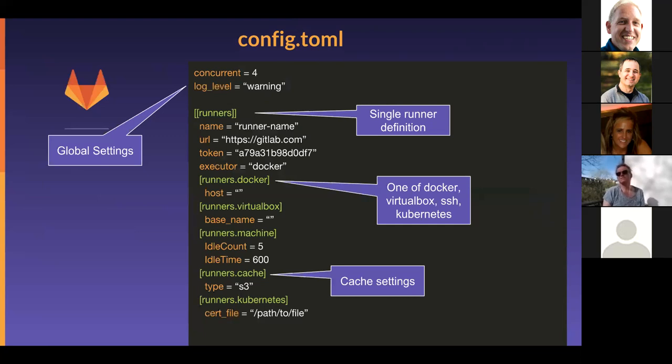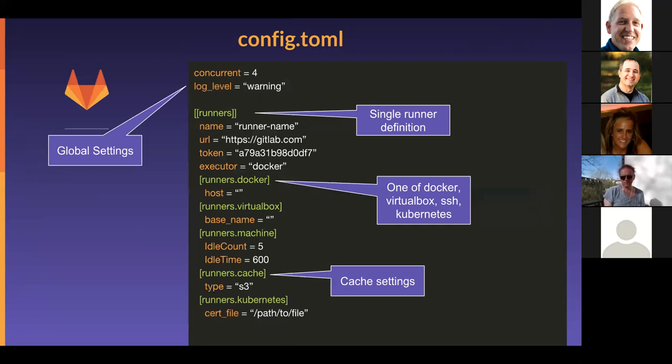So here we can see that there are global settings at the top level. This is, again, for this entire set of runners: how many concurrent jobs can run, and then things like log level and proxy settings. And then each runner that this GitLab runner instance is going to run is started with one of these runners tags. And then again, some generic information about that runner, the token it's going to use, the URL it's looking at, what executor it's going to use.